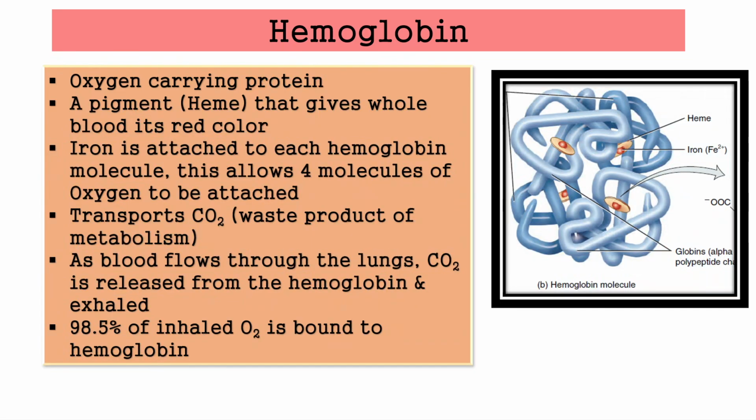The hemoglobin comes from a pigment called heme that gives whole blood its red color. If iron is attached to the hemoglobin molecule, this allows 4 molecules of oxygen to be attached. So occasionally we'll see someone who we call anemic, meaning they have low blood cells.